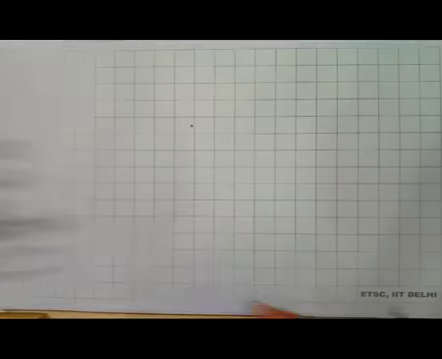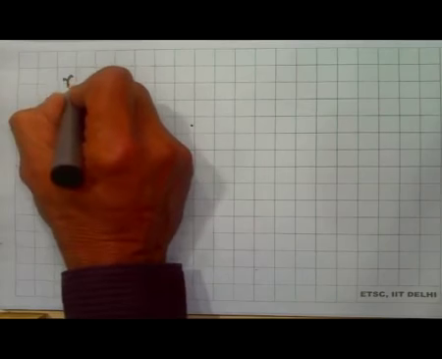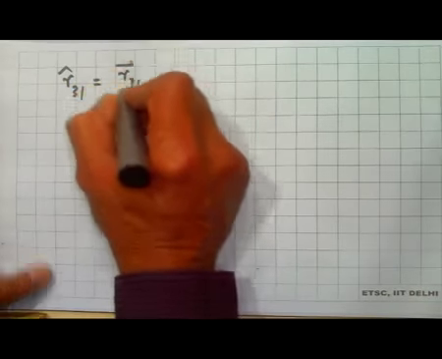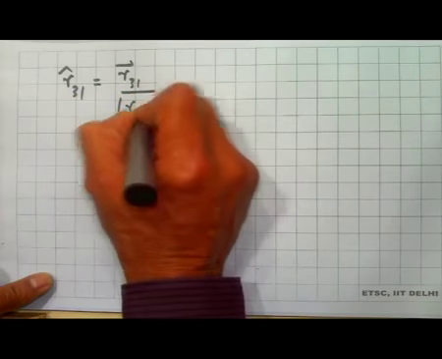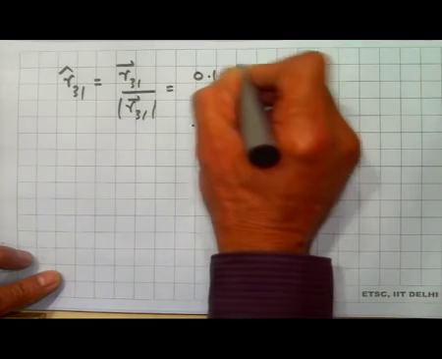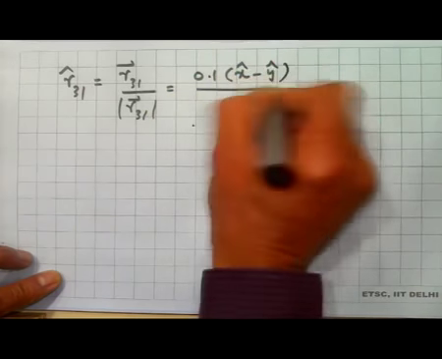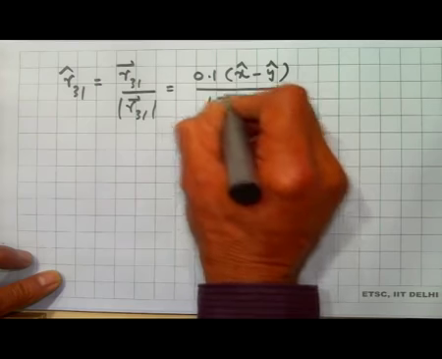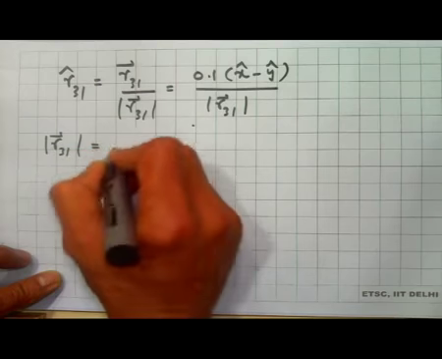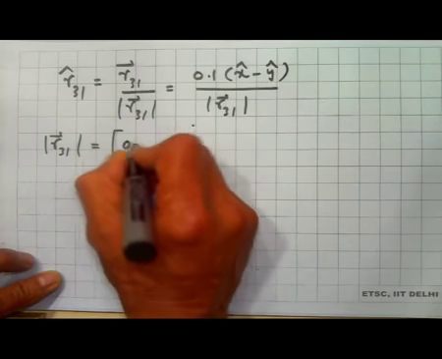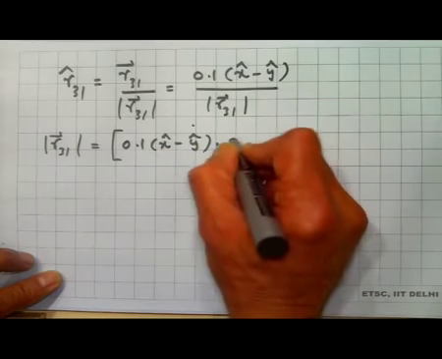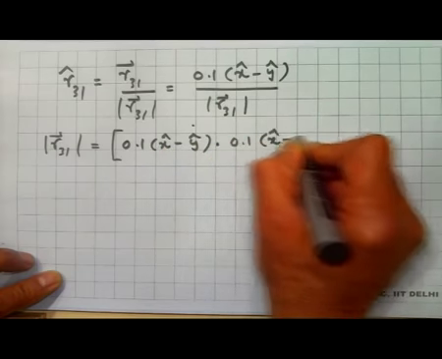Let me write it clearly here. R 3 1 unit vector is R 3 1 divided by magnitude of R 3 1, which is equal to 0.1 x cap minus y cap divided by magnitude of R 3 1 vector. So, let me calculate the magnitude of R 3 1 vector. This is the square root of 0.1 x cap minus y cap dot product with 0.1 x cap minus y cap.